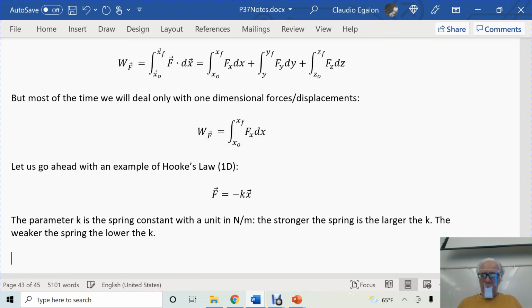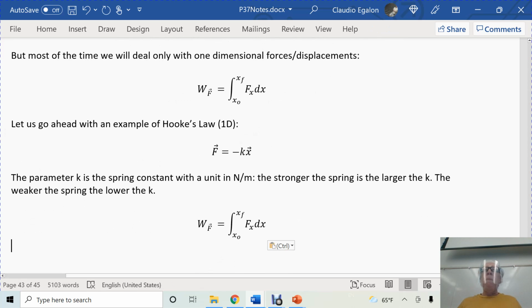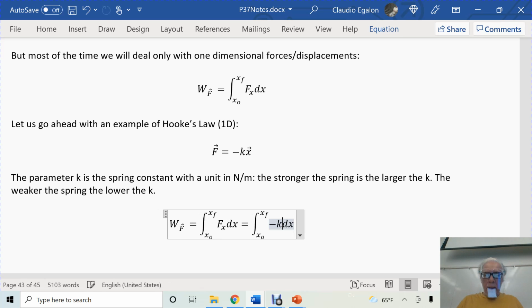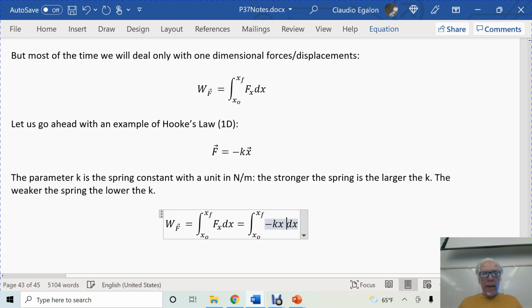The initial position can be the point of equilibrium, which we define as being 0. But let's keep it as it is, right? X naught in the most generic format. Here you go, f sub x. I have to take out my arrow there.